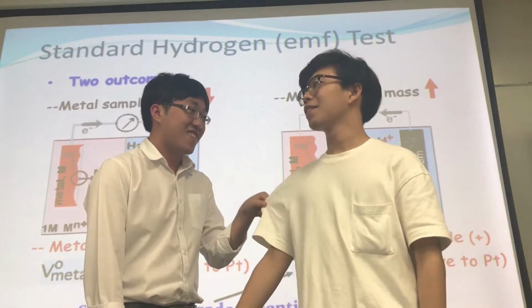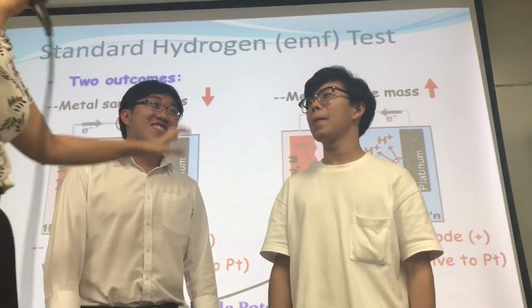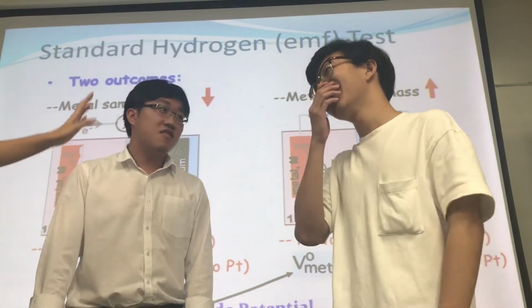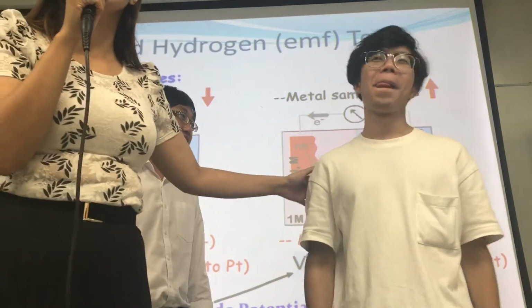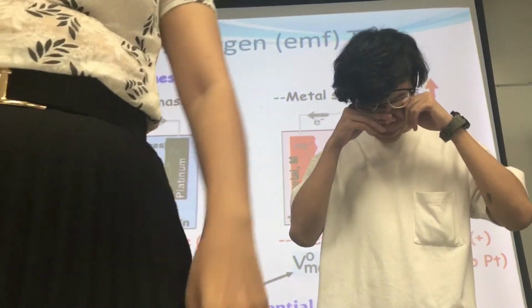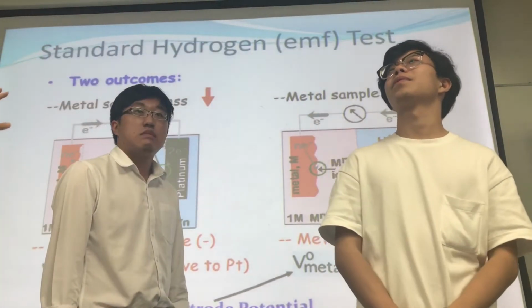So what happened is M is getting fatter than this, and Tom will be getting thinner. So in this case, how would you know what metal is going to react like Boss? What metal is going to react like M?